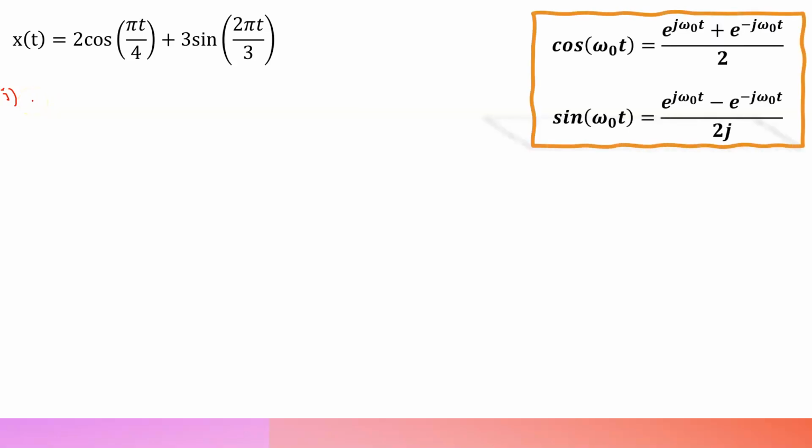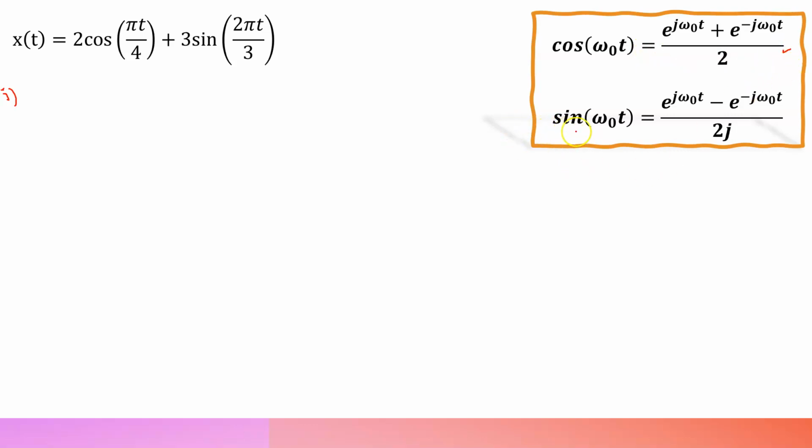So you are given this signal x(t) = 2 cos(πt/4) + 3 sin(2πt/3). In order for us to represent this signal in terms of the exponential Fourier series representation, first you have to remember this theory: if you have a signal cos(ω0 t), it is equivalent to this equation in the exponential complex form.